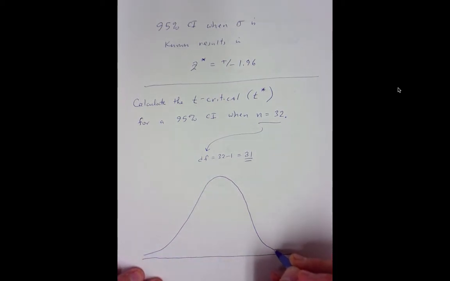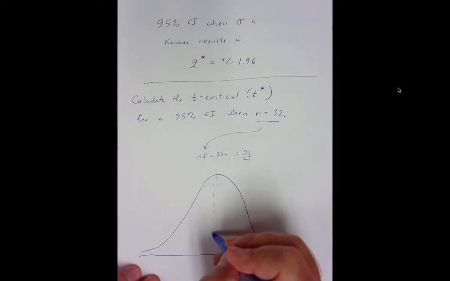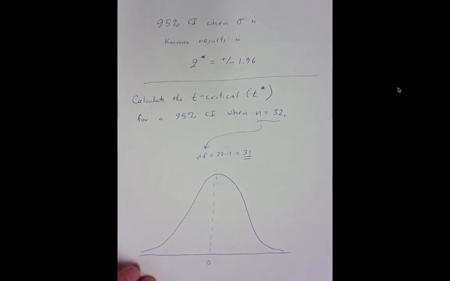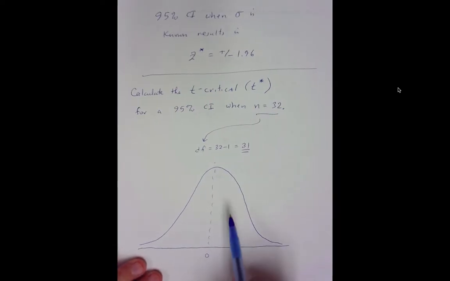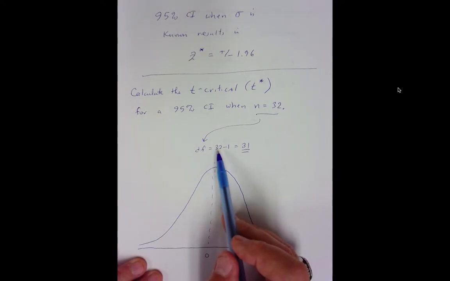Now, one thing that the t distribution and the z distribution have in common is they are both centered at 0. But for the z distribution, the variation is defined by its standard deviation, whereas for the t distribution, the variation is defined by its degrees of freedom.